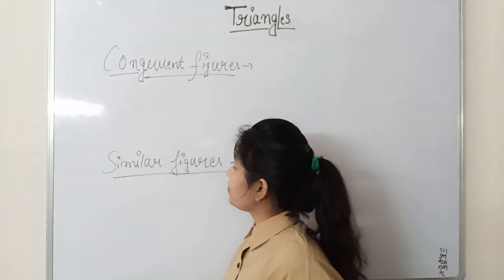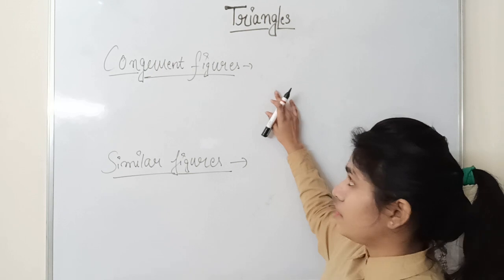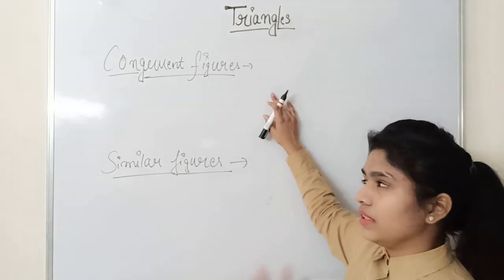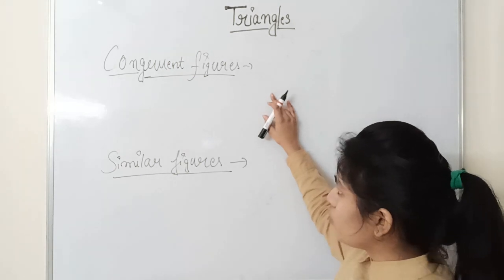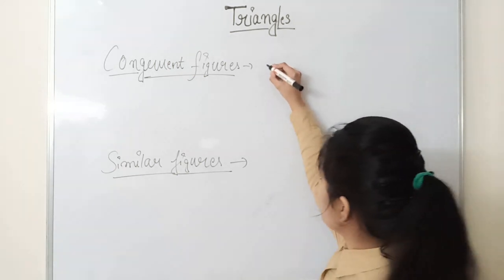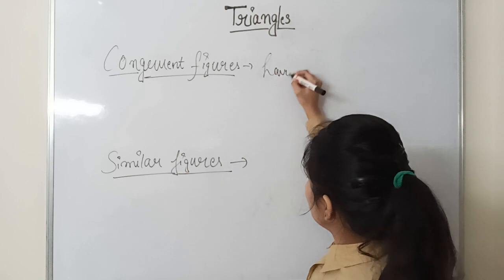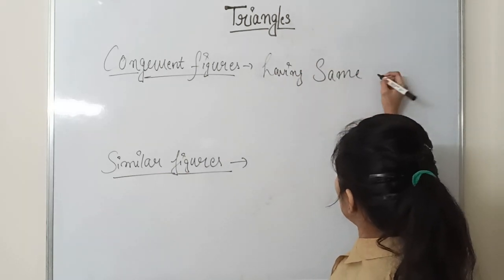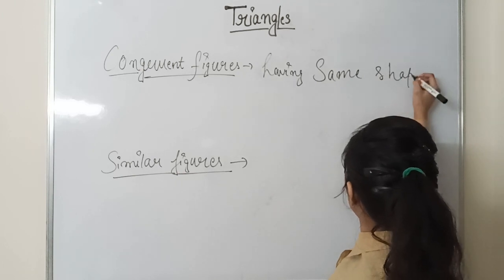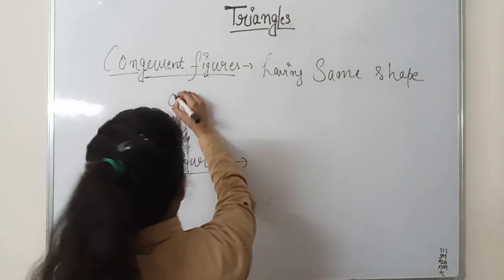Okay, so two figures which can be either triangle, circle, polygon, hexagon, anything, having the same shape and same size.